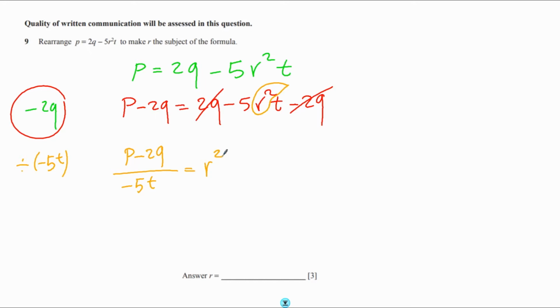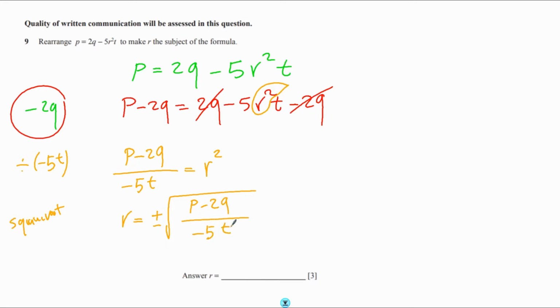Now we have the r squared on one side, and to get r, we need to square root both sides. So when we square root both sides, r equals plus minus the square root of p minus 2q divided by minus 5t.